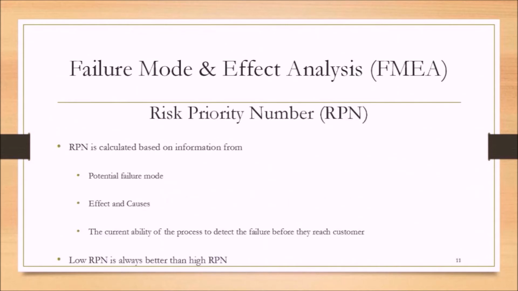RPN is calculated based on information from the potential failure mode, effect and cause, and the current ability of the process to detect the failure before it reaches the customer. After the RPN has been calculated, the lower the RPN is always the better, and the company will take action for those with a higher RPN.